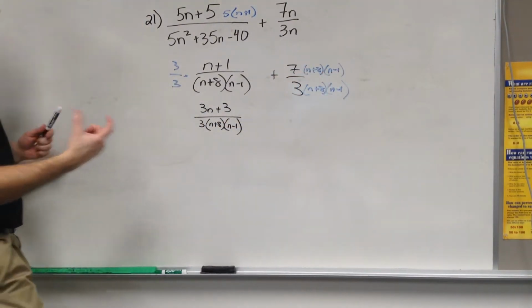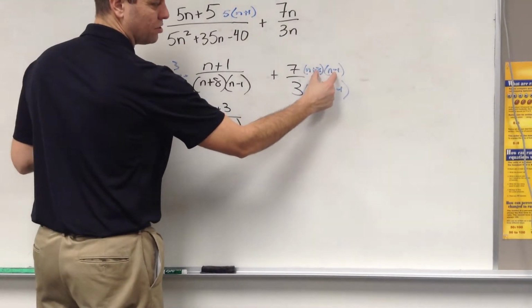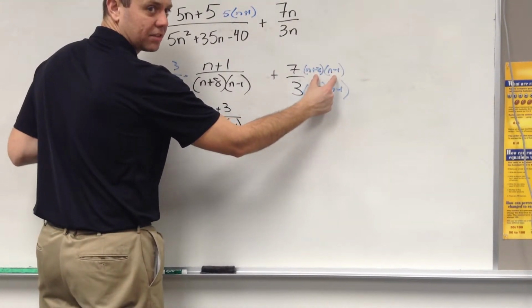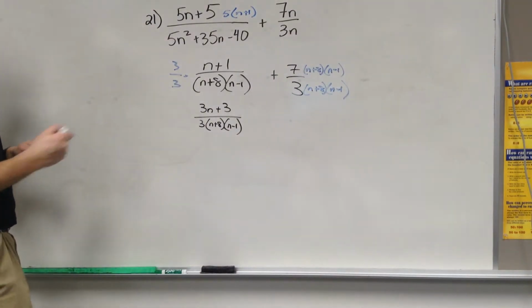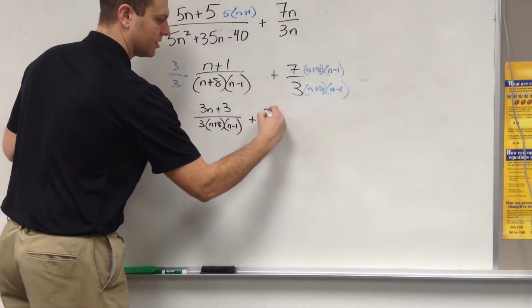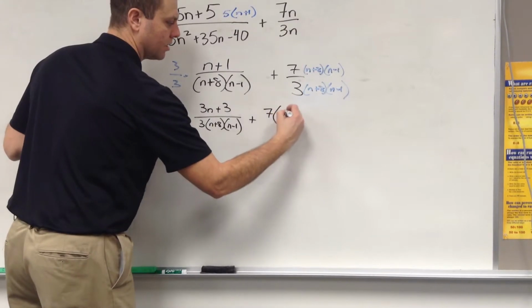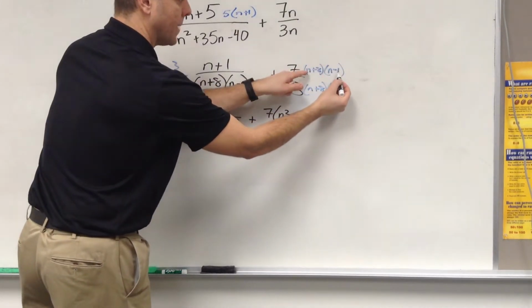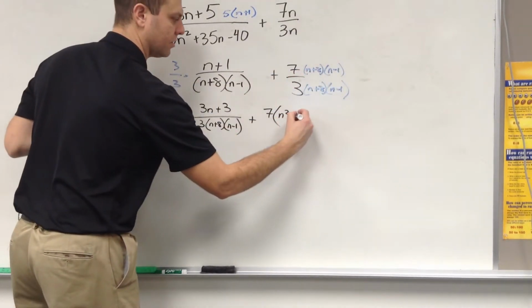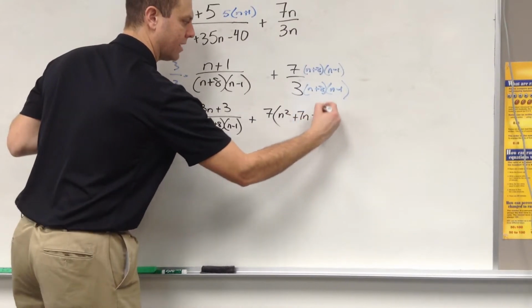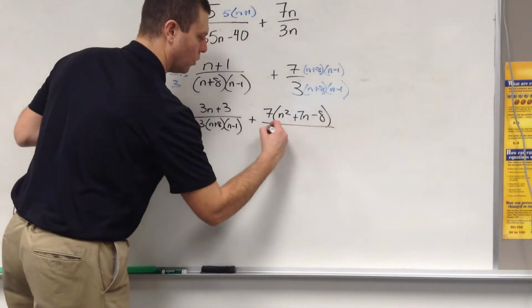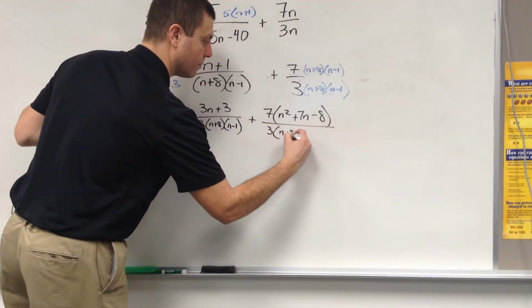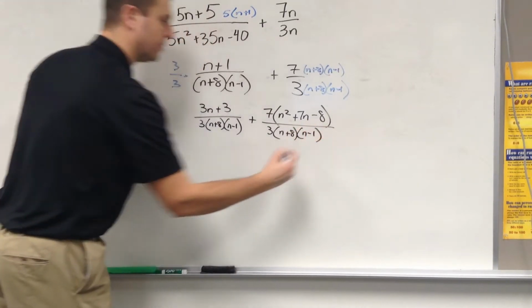Personally, I multiply those two together first, get that answer, and then take that answer times 7. So plus 7 times n squared minus n plus 8n, so plus 7n minus 8, all over 3 times n plus 8 times n minus 1.